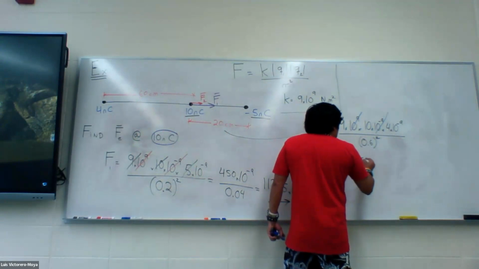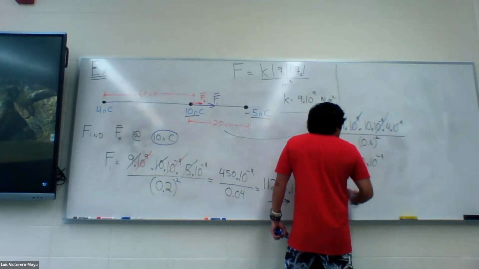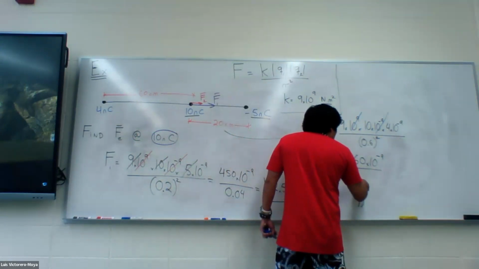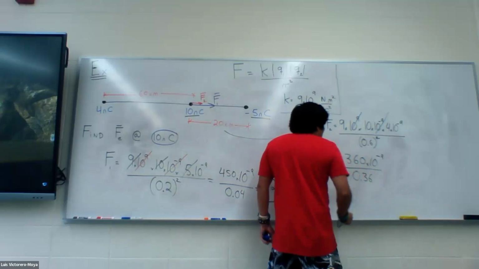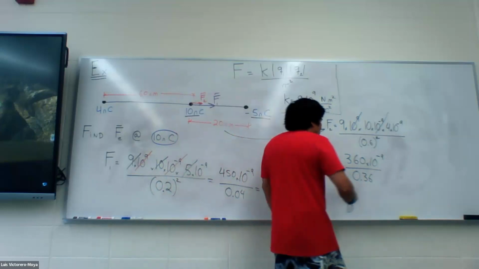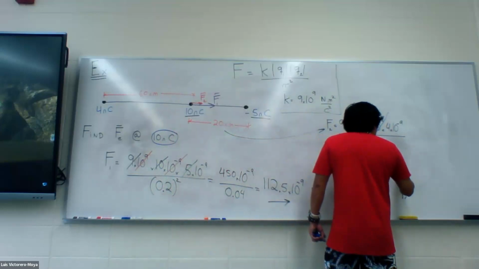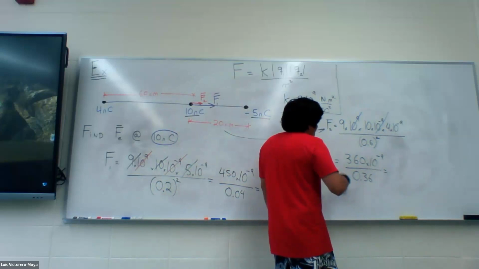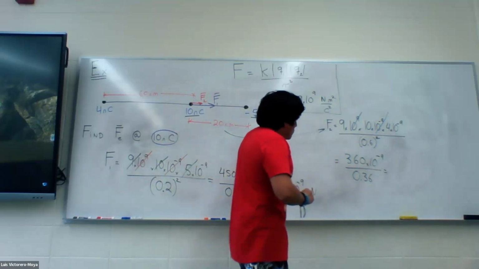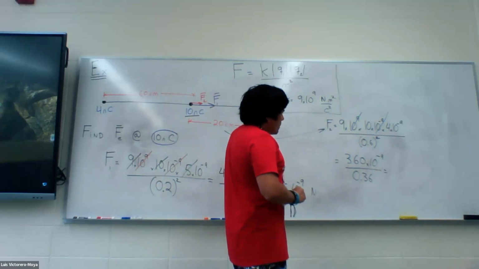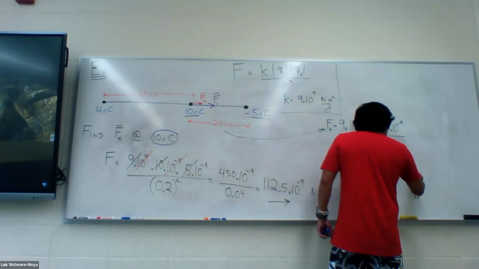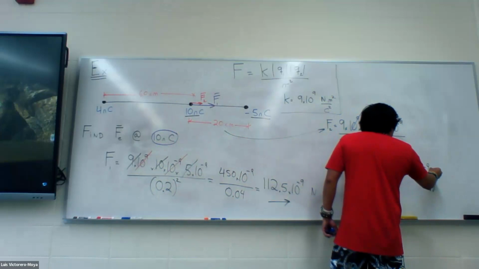So 360 times 10 to the negative 9 divided by 0.6 squared, which is 0.36, that gives me 1,000 times 10 to the negative 9.